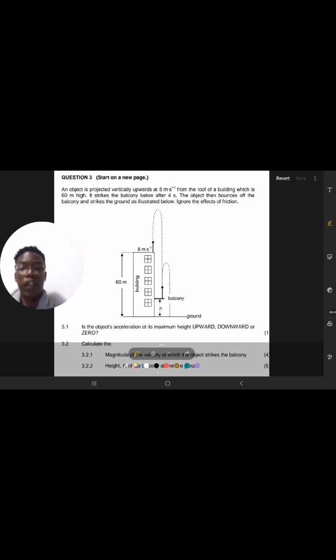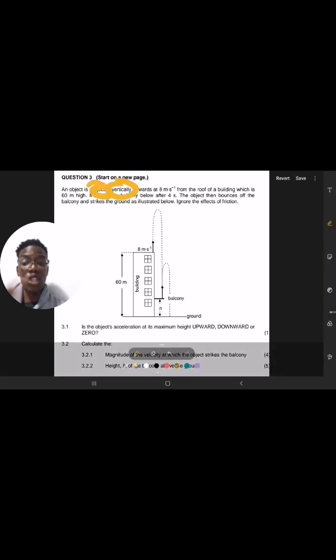So the question is as follows. It says an object is projected vertically upwards at 8 meters per second. Okay, so this is how we know that we are dealing with vertical projectile motion, because we are told that it is projected, it is thrown vertically, right? So this is vertical projectile motion.